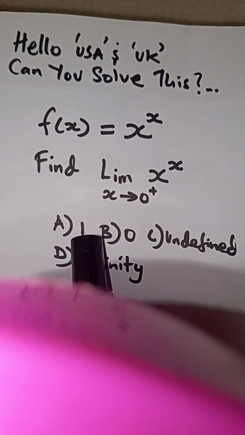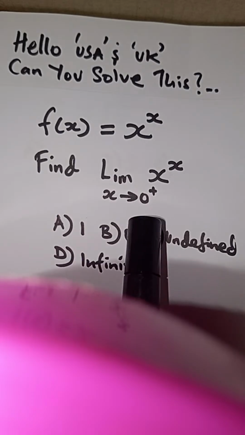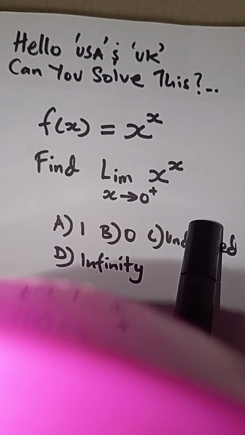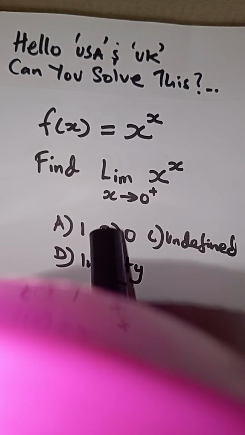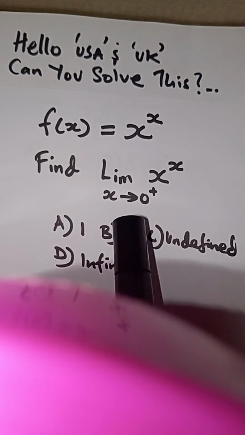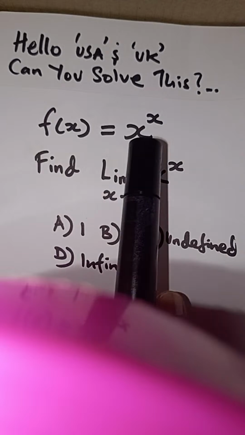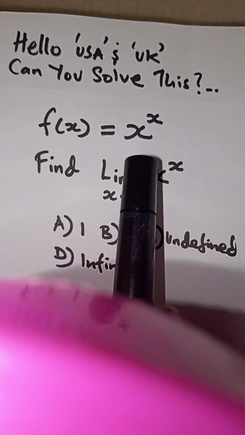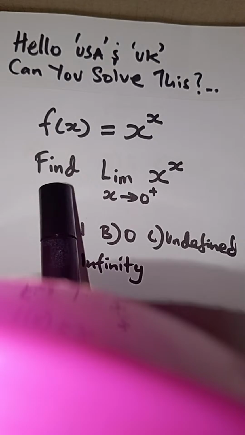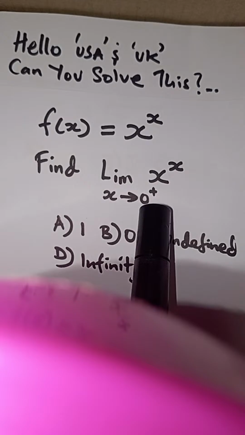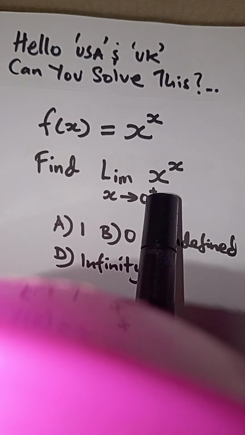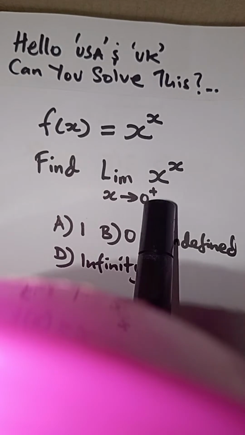So others are getting 1, others 0, others are getting undefined, others are getting infinity. So kindly comment if you have f of x is equal to x to the power x, and then you're told to find the limit as x goes towards 0 on the positive side.